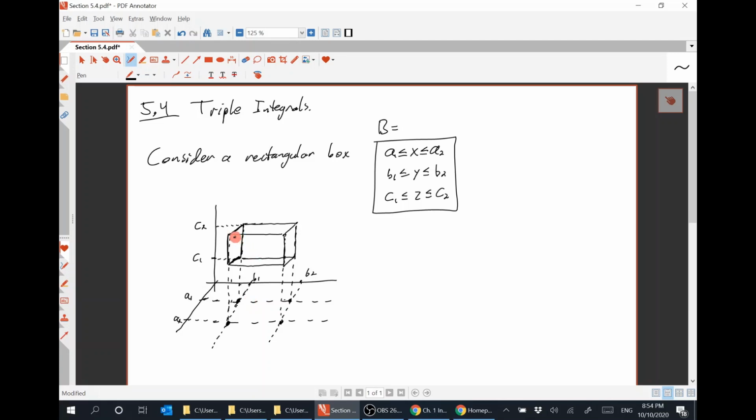And now suppose that we have a three-variable function in this space on the box.